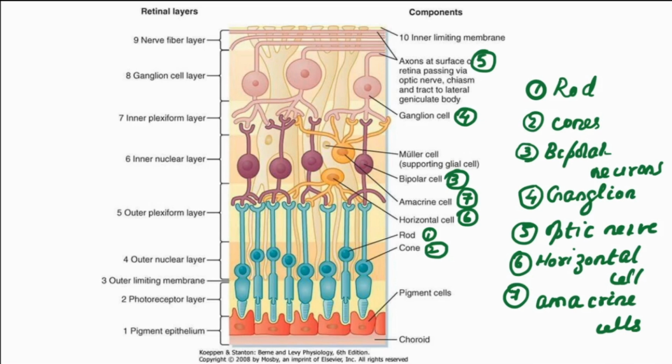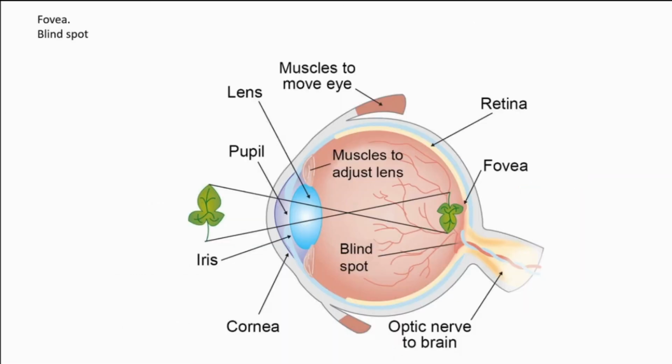Then next, another two points we need to understand: fovea and blind spot. What is the fovea? It is that region in the retina where the number of cones is very high. The cone-rich geometric center of the retina is called the fovea.